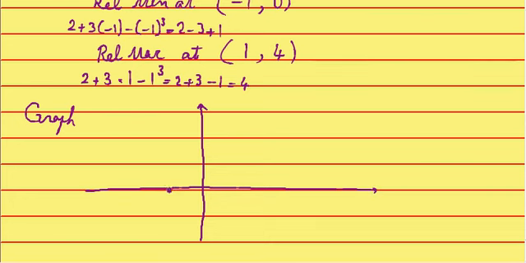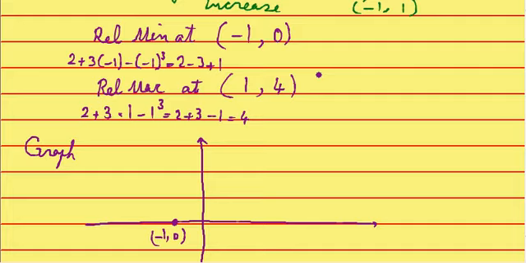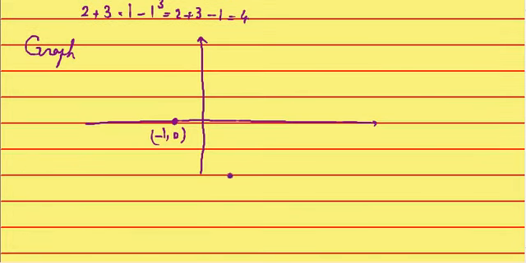So I have minus 1 and 0 here. What was the significance of it? The significance of minus 1 and 0 was that it has to be a relative minimum. The other point was 1 and 4.